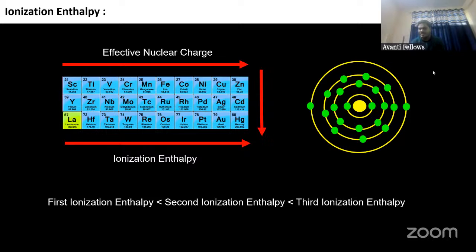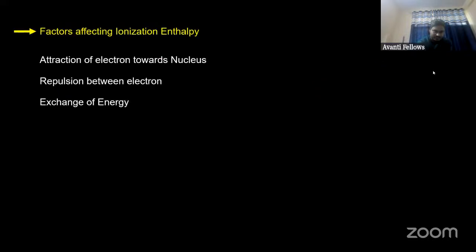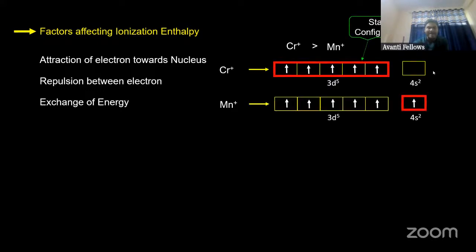We know all this, right? Good. Now, what are the factors which affect the ionization energy? The attraction of electrons towards the nucleus is the first, then repulsion between electrons, and exchange energy. These are all the factors which affect the ionization energy.